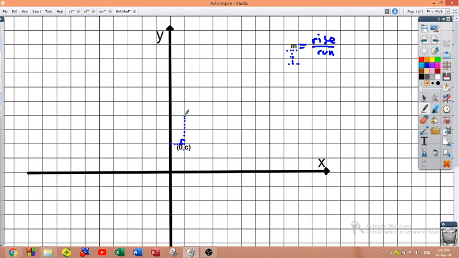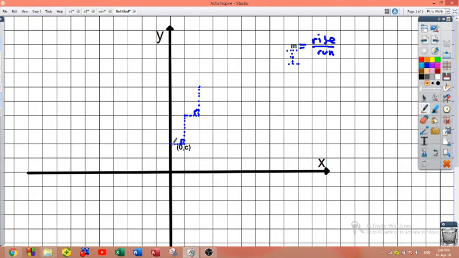Using the same method, rise and run: run will be 1, rise will be 2. Here in the corners we have right angles. Now we get this point and this point, and this is (0, c).